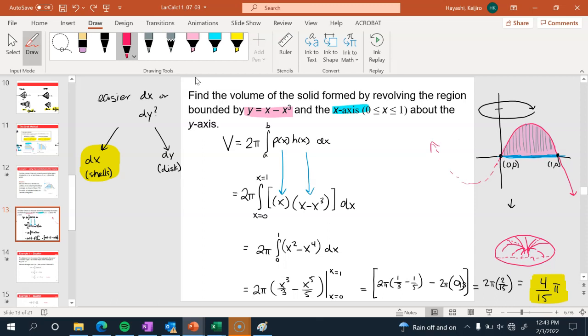Maybe there's a constant in there, maybe you're subtracting, but it's always just going to be the variable you're using. The radius will never be anything like x squared or square root of x or x cubed or anything like that.